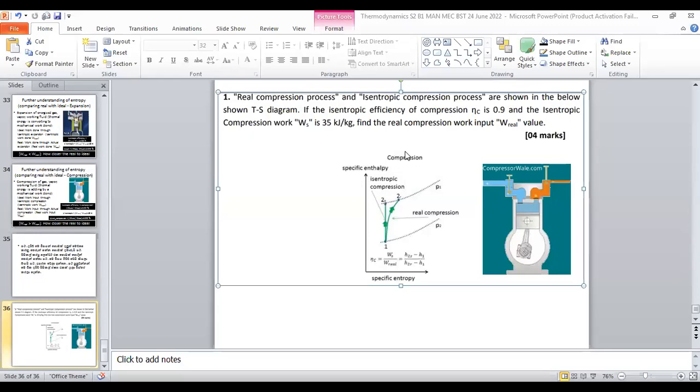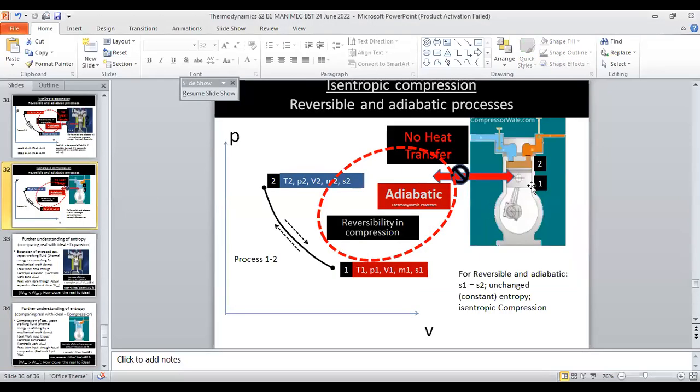Now this 1 to 2 is the process. Even here you can see 1 and 2.